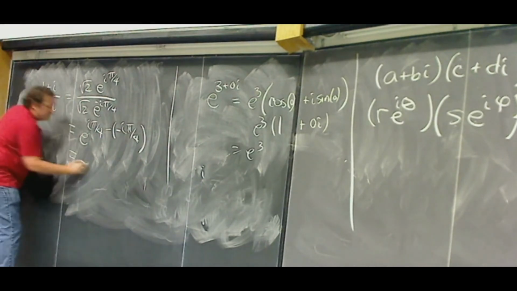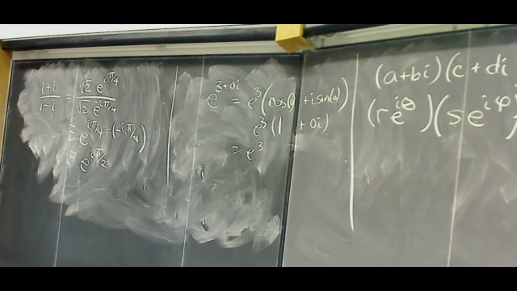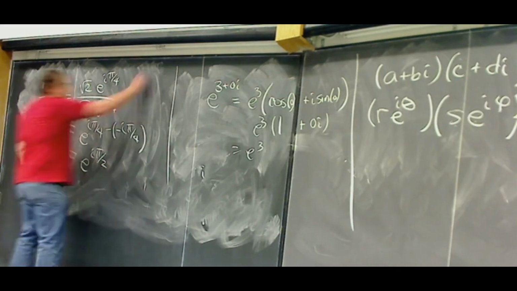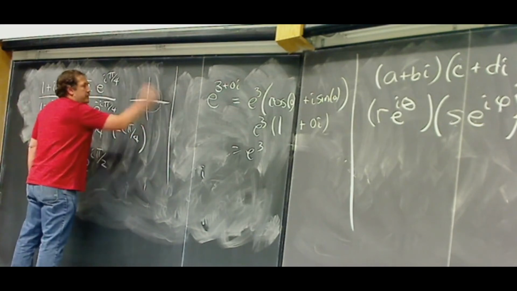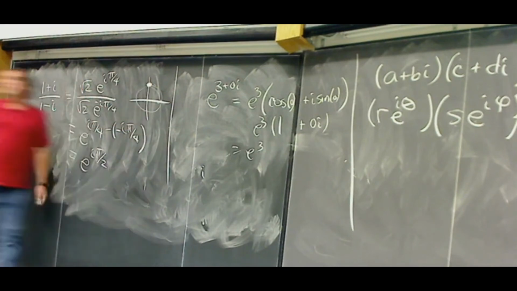So this is e to the I pi over 2. What number is that? The length is 1, the angle is pi over 2. The length is 1. I'm on this circle here somewhere. The angle is pi over 2. That's I.